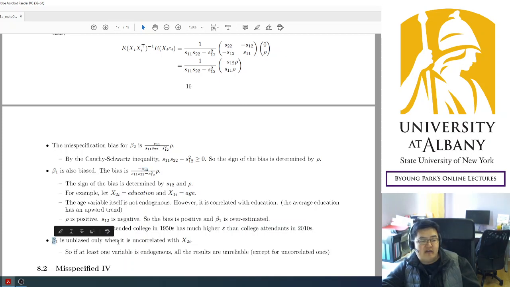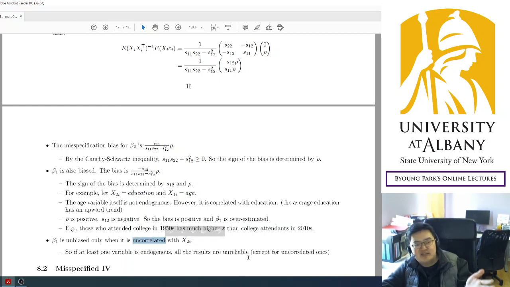If x1 is uncorrelated with x2, then beta 1 is unbiased. But for such an uncorrelated case, usually you can check it, you can calculate the correlation between x1 and x2, but almost always they will be correlated.